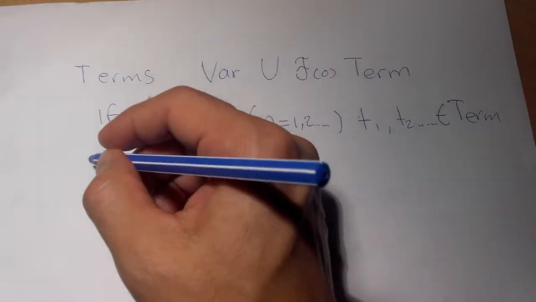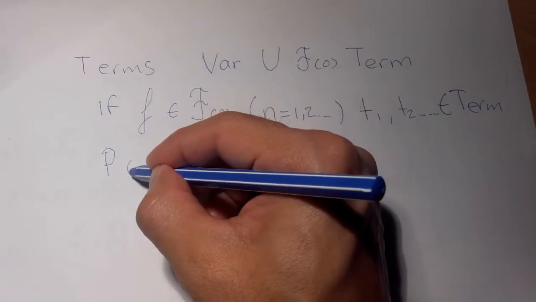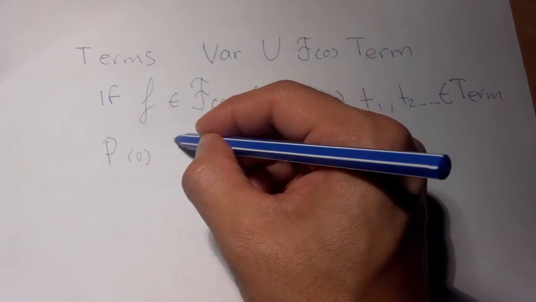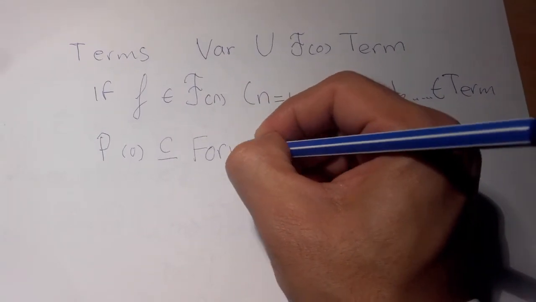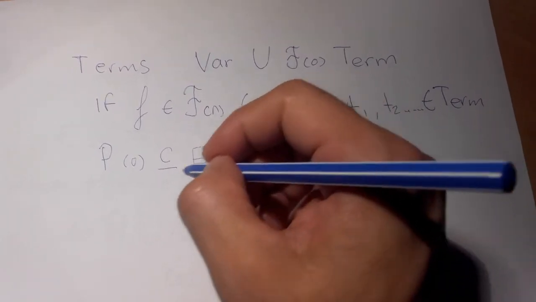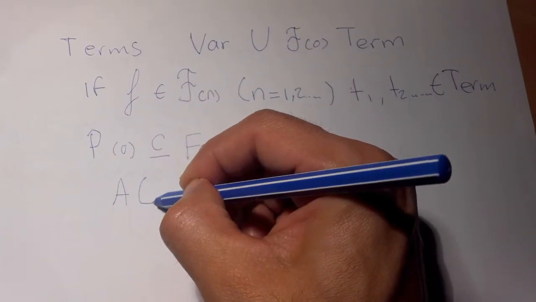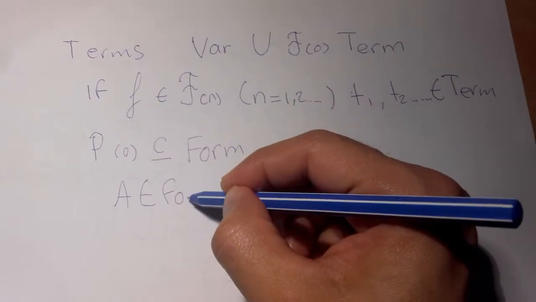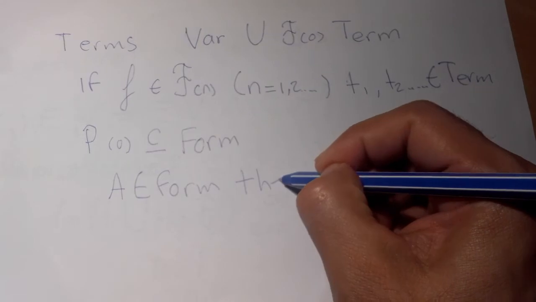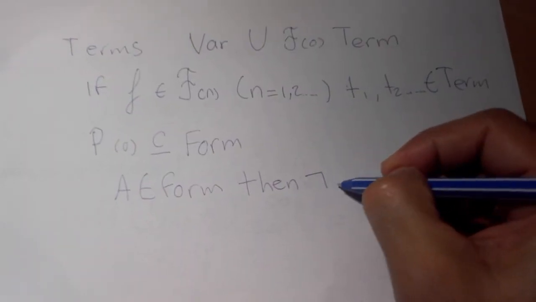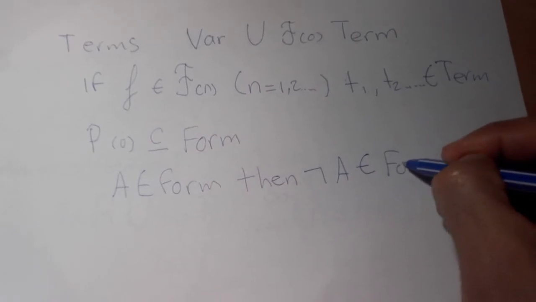And in the case of a form, it is when we have one predicate. If we have one predicate and this is of order zero, that is a subset of a form. Also, if we have an example a that belongs to one form, then the negation of a will also belong to one form.